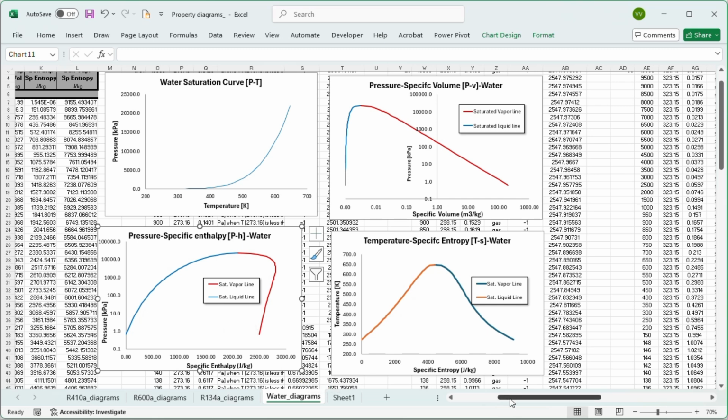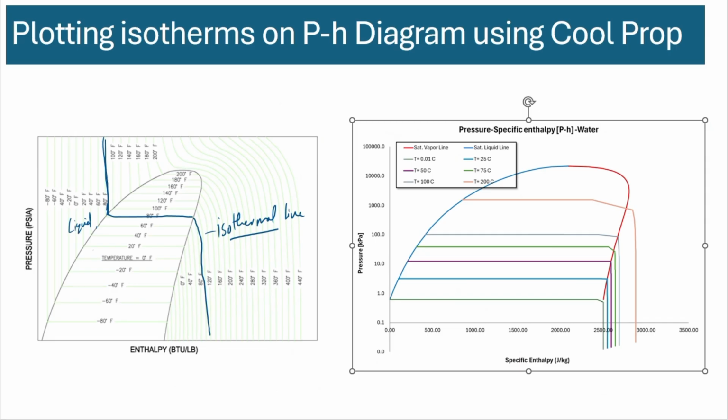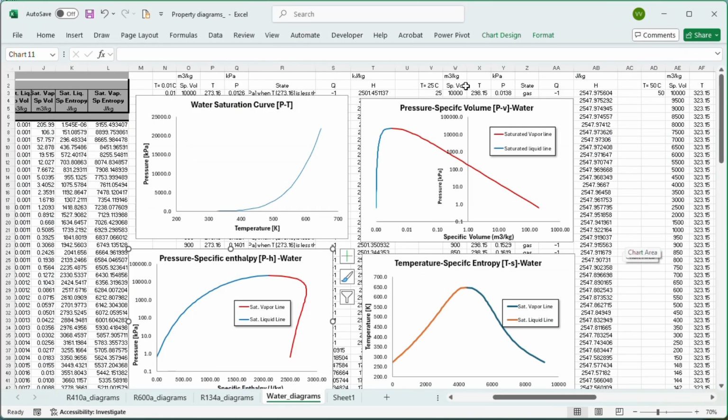So what we have to do here is pick the temperatures that you want to plot. Here there are four temperatures chosen, almost close to 0 degrees C and up to almost 200 degrees C. For all those temperatures chosen, we have created several different columns.